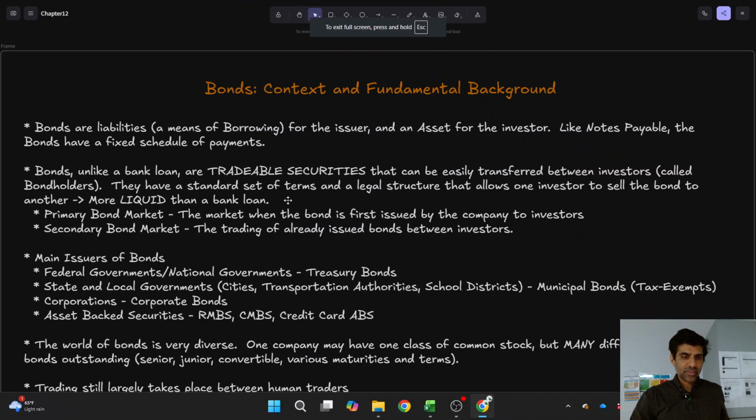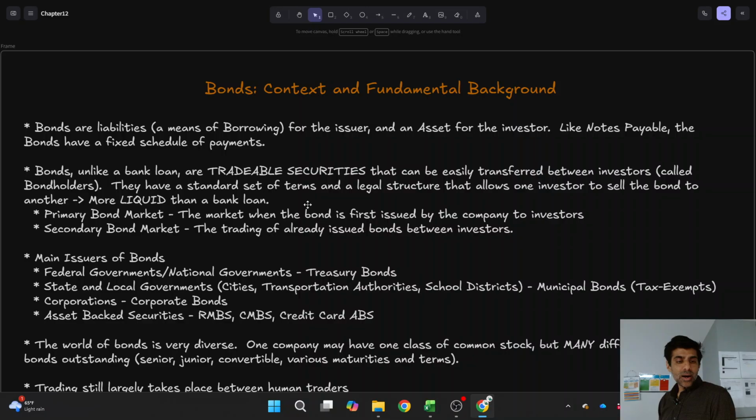Okay, so bonds. Just basic background. What is a bond? A bond is a form of borrowing. Okay, functionally for a company, it is the same as a bank loan. They're going to receive money and they're going to pay interest in a fixed schedule on that.